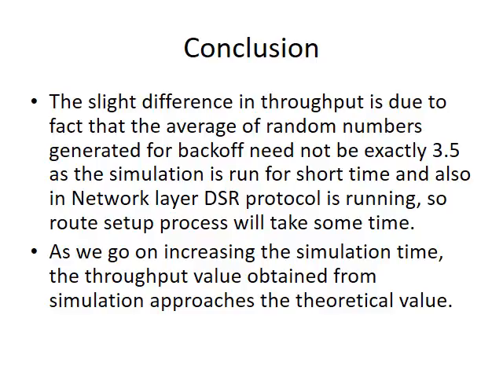The second important point of our conclusion is that as we go on increasing the simulation time, the throughput value obtained from the simulation approaches the theoretical value, as we saw in the previous slides.